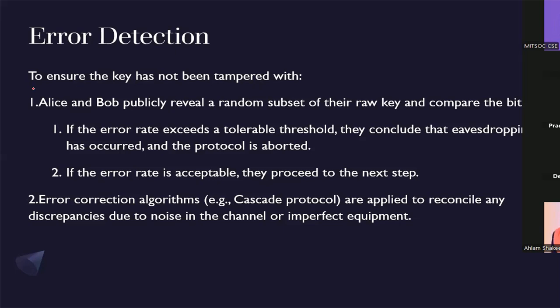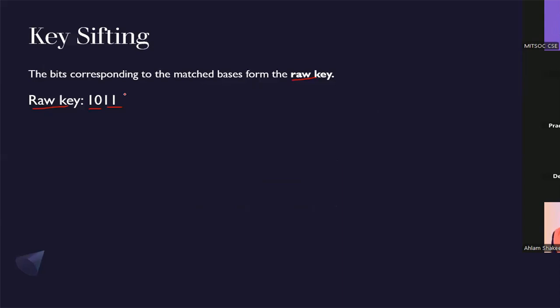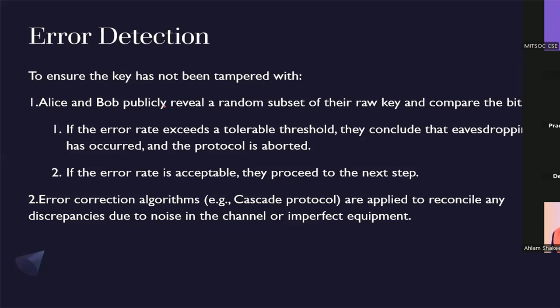So Alice and Bob publicly reveal a random subset of their raw keys and compare the bits. We prepare a subset of this raw key, publicly reveal it, and compare the bits.